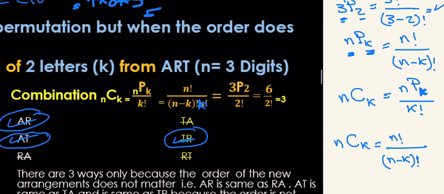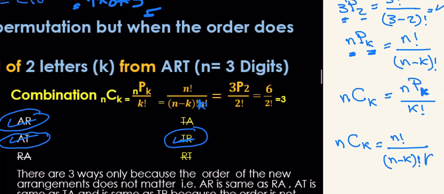We just type it here, but we have k factorial in the denominator, so we have to add k factorial. So we have n factorial divided by n minus k factorial times k factorial.